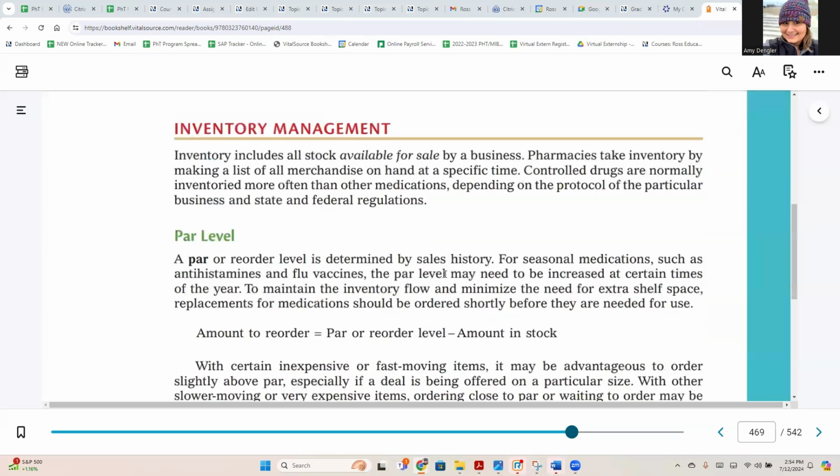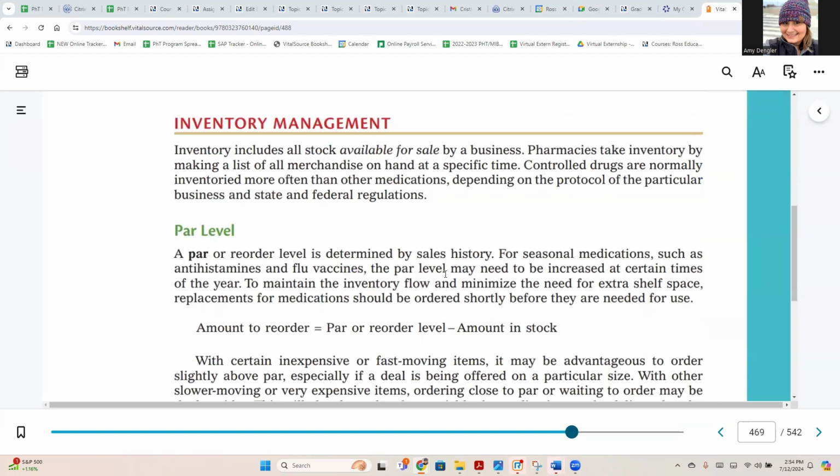Inventory includes all stock available for sale by a business. Pharmacies take inventory by making a list of all merchandise on hand at a specific time. Controlled drugs are normally inventoried more often than regular medications, depending on the protocol of their particular business and state and federal regulations.